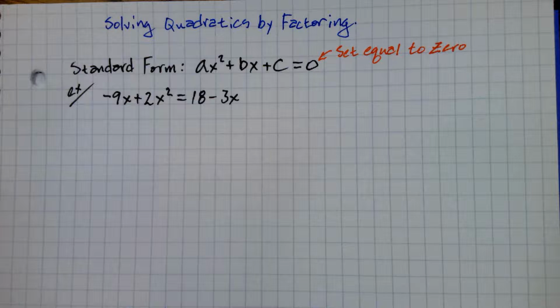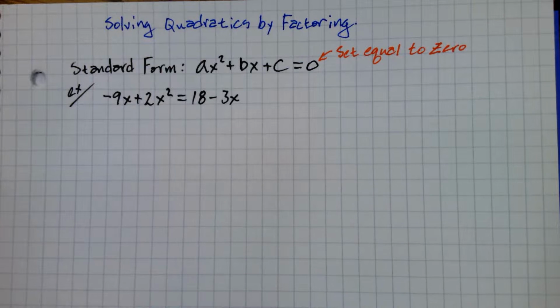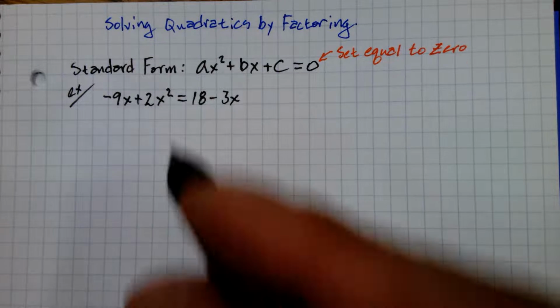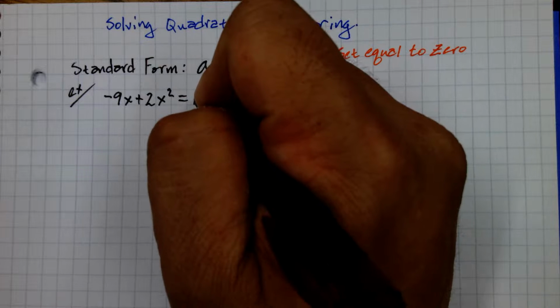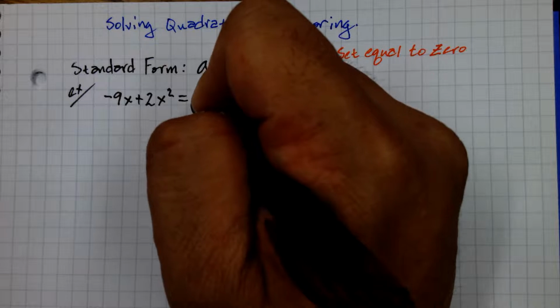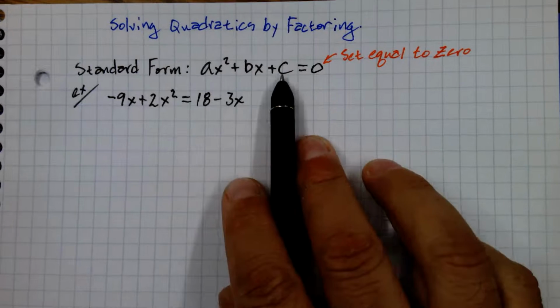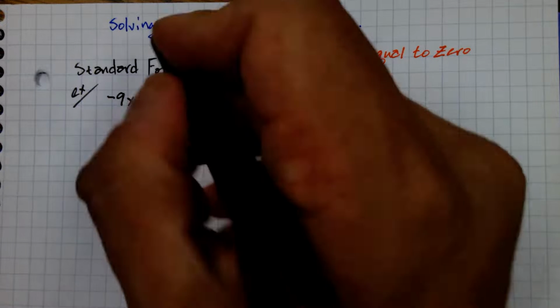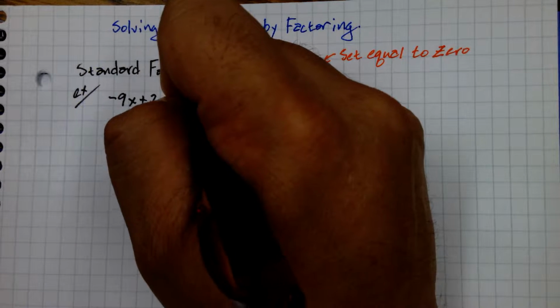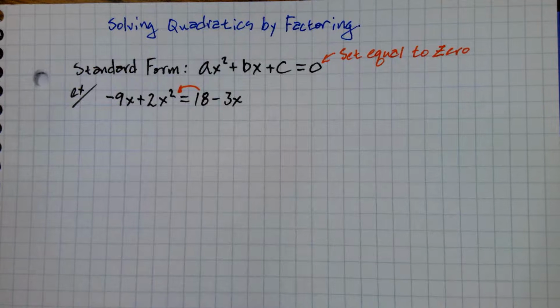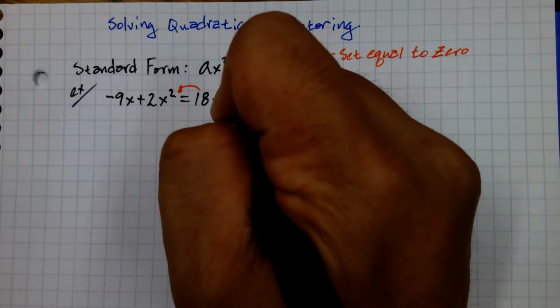So let's bring over the 18 and the negative 3x. Okay. So the 18, where would it go? It should go at the end. But remember what happens when we bring it from one side of the equal sign to the other? A negative.